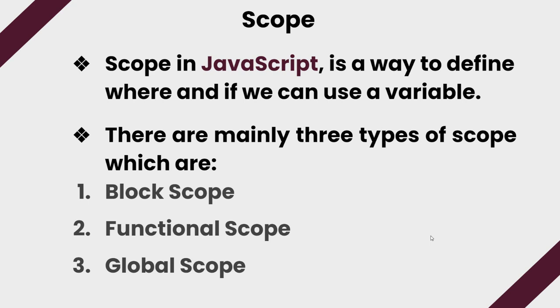But now we'll actually be defining where we want a particular variable to work and not just work in the entire JavaScript file. So under the scope, there are mainly three types of scope. We have the block scope, we have the functional scope, and we have the global scope.